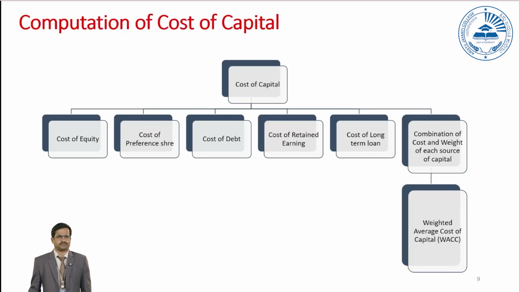So if it is redeemable debentures, what is the interest they are paying, and we have to multiply by 1 minus tax. Why do we have to deduct the tax?